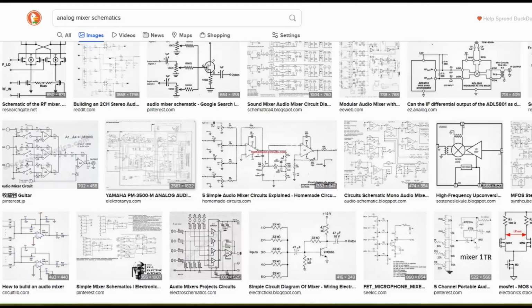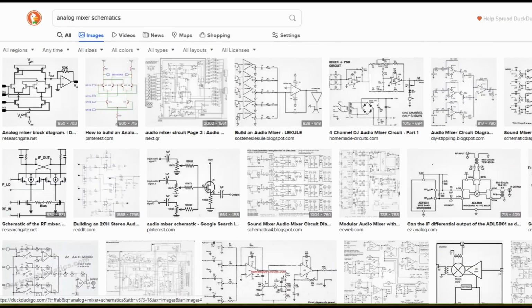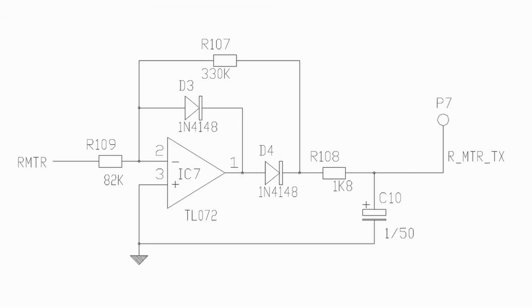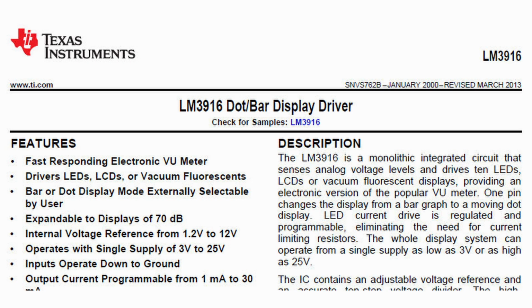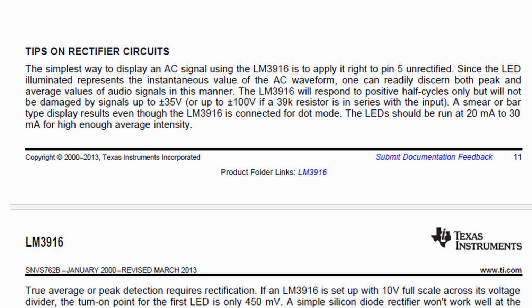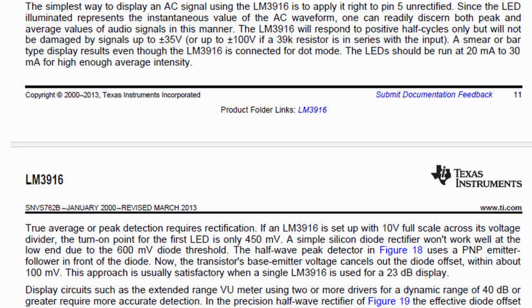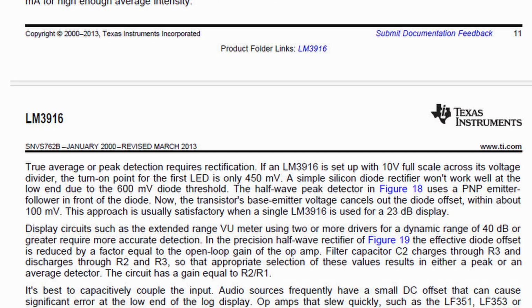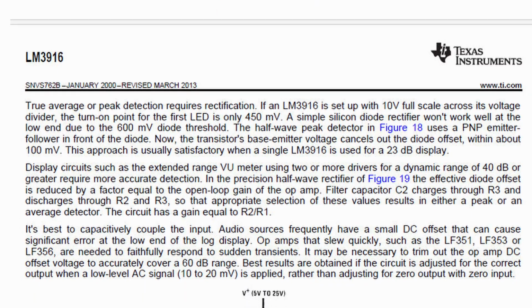They indicate an average value as determined by a very simple circuit. The same circuit that I found in the schematic for an analog mixer is also in the datasheet for the LM3916 bar display driver chip. Now, there's a lot of great application information in that datasheet. For that reason, I put a link down in the description so that you can benefit by it too.